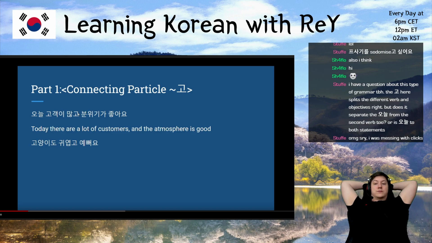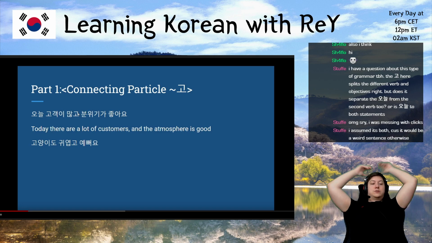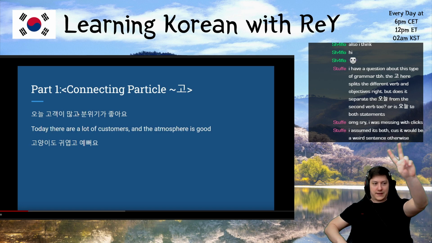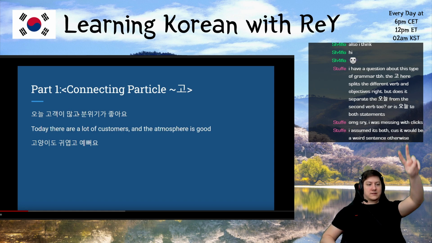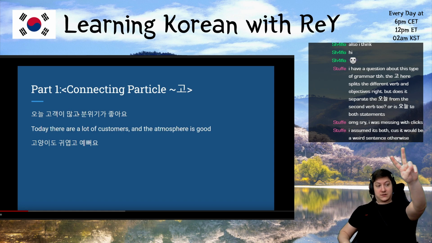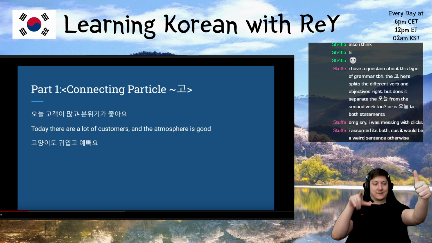What I know about this 고 to connect sentences: there are two rules for connecting with 고. You can connect two adjectives. So the first rule is you can connect two adjectives and they apply to the same noun. That is the second example sentence here.